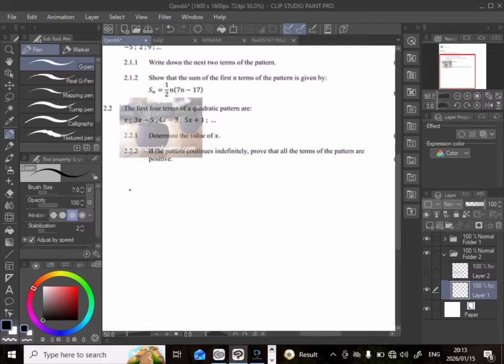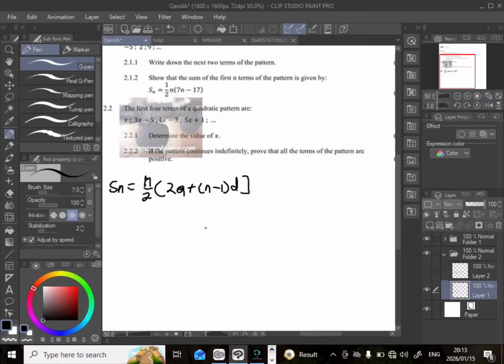Now remember, the general formula for this is n over 2 times (2a plus (n minus 1) d).